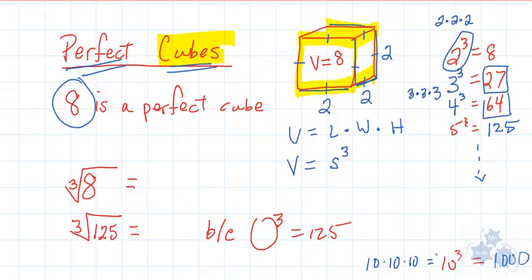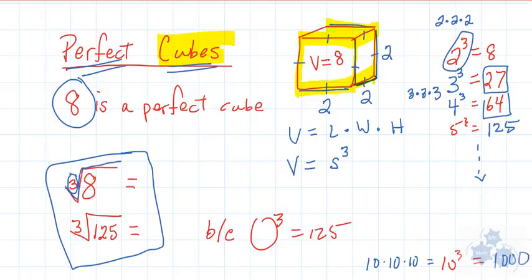All right. Now, over here, I don't know if you notice this part, but we have some notation as well that we have to know for perfect cubes. So, do you notice that we have a 3 in here? That's a square root sign, but it has a 3 there. So this is actually a cubed root sign. Okay? Cubed root sign.